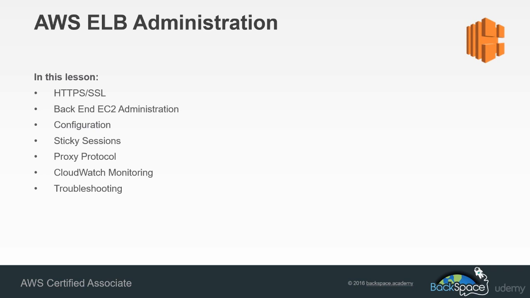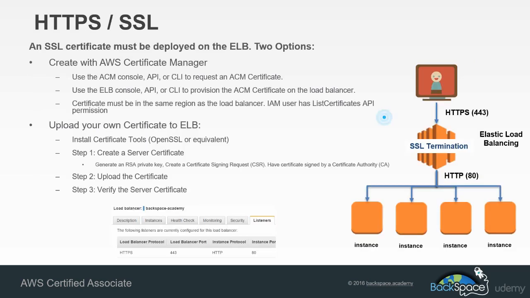I'll look at sticky sessions, and we did talk a little bit about that in that lab, so you should have a good understanding of sticky sessions as well and why we use them. I'll talk about proxy protocols, so you won't really know anything about that right now, so you'll need to have an understanding of that. And I'll also look at CloudWatch monitoring of ELB and troubleshooting of your elastic load balancer.